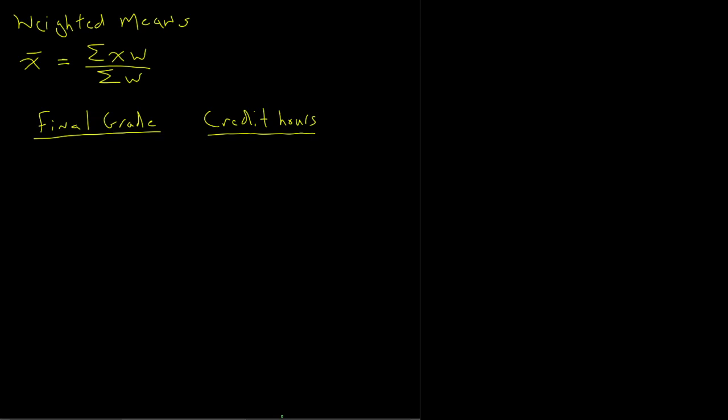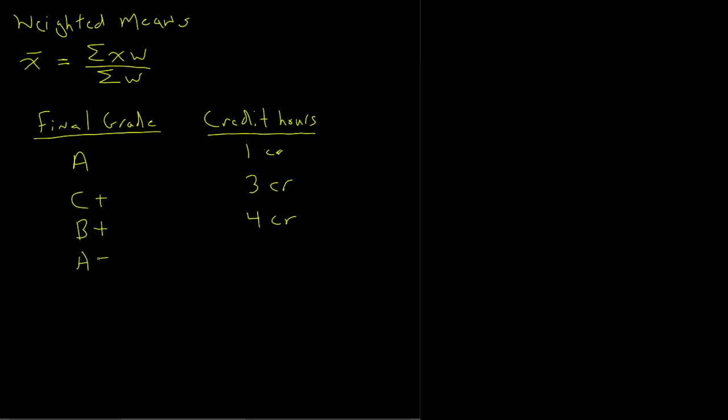So let's say I've gotten an A in a 1 credit class. I'll just put CR for credit. A C plus in a 3 credit class. A B plus in a 4 credit class. That's 4, it's 8 credits. I'll try to get 16 credits in here.